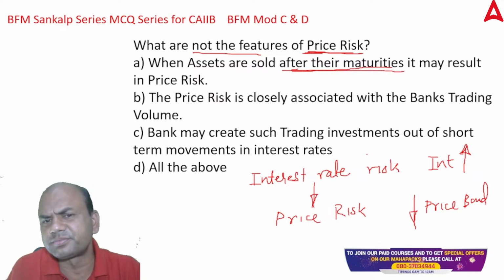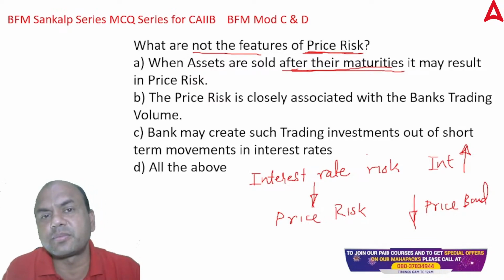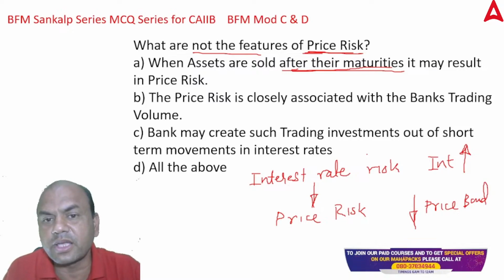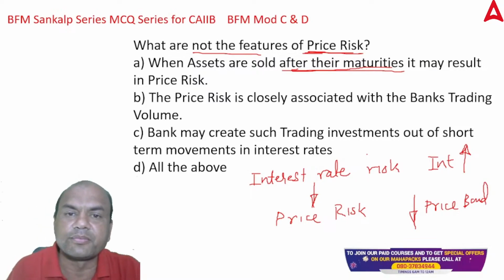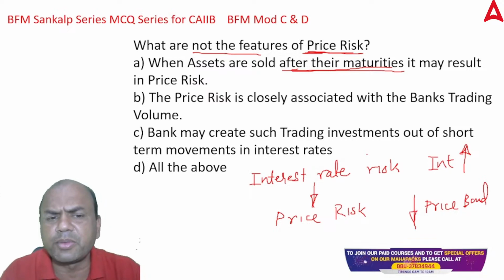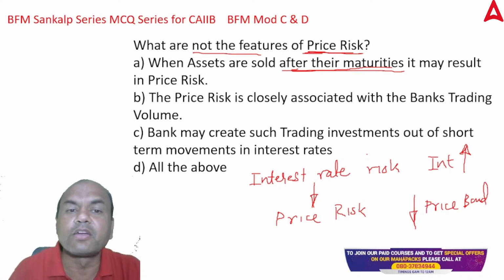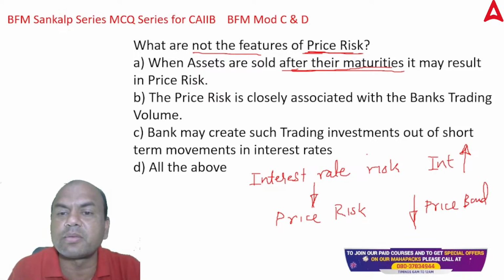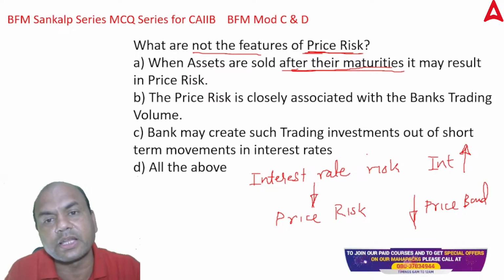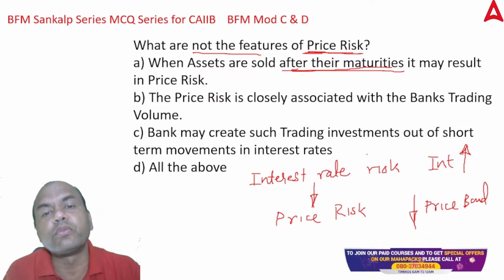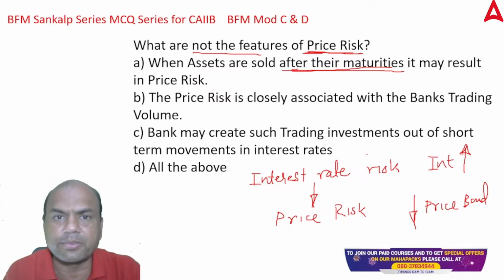Is it so? When assets are being sold after their maturities, I'm holding those maturities with me. So it may result in price, meaning the price may go up or down. Is it so? It will never, because after the maturity, whatever is the final amount, I've got it over there. Now, when do I take it? That's a separate aspect altogether.